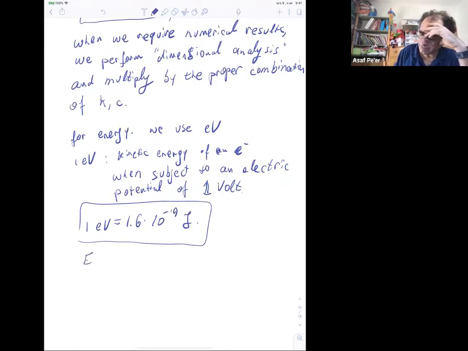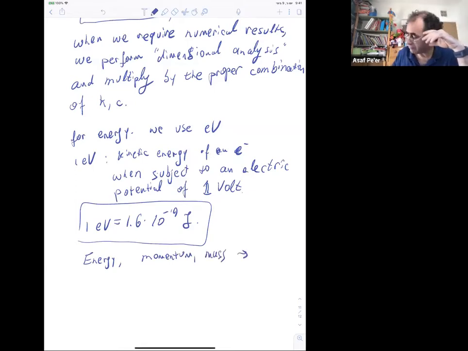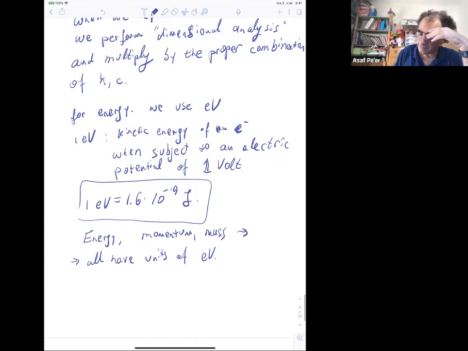We have energy, momentum, and mass. They all have units of electron volts. On the other hand, length and time both have the same units of electron volts to the minus 1.